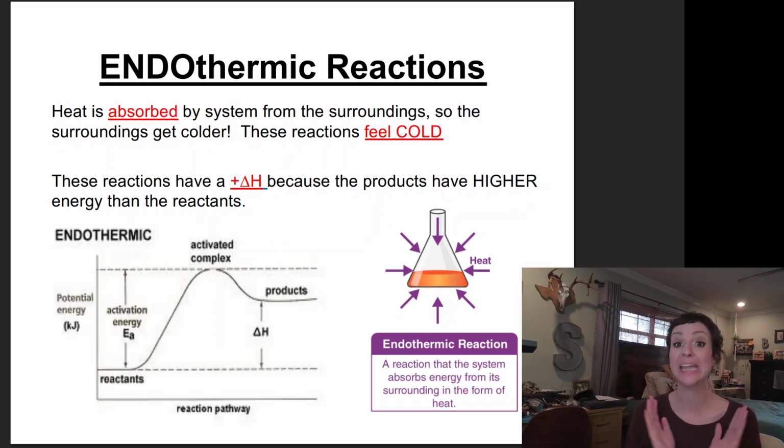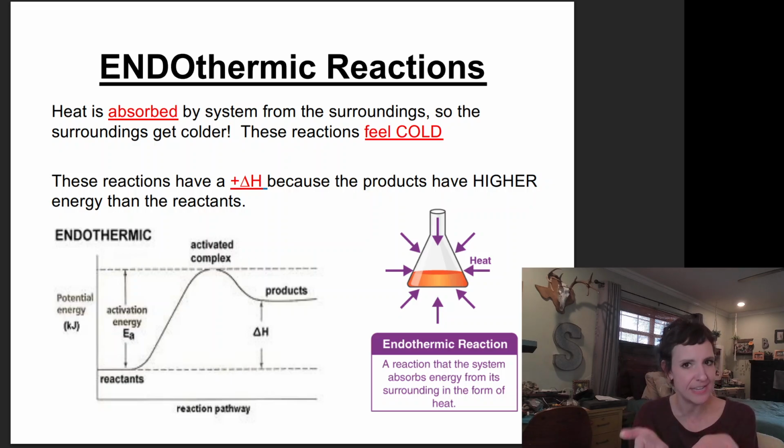We're going to start on my endothermic reaction, where heat is absorbed by the system. Now, if I'm absorbing stuff into my system, pretend I'm a chemical reaction, I'm absorbing that heat energy into my system, so I've got to pull that heat energy from what is called the surroundings. So the surroundings are going to get comparably colder.